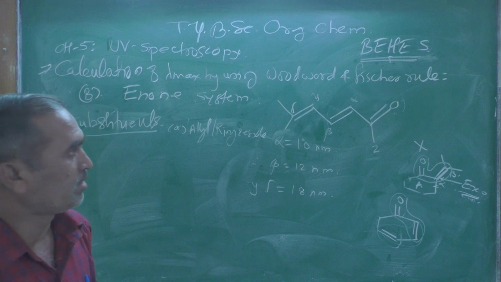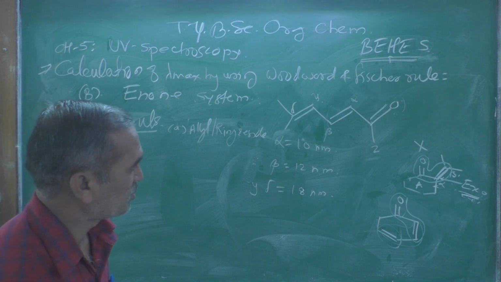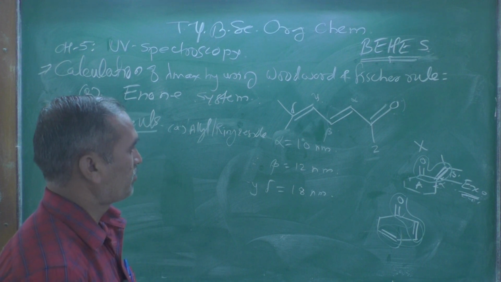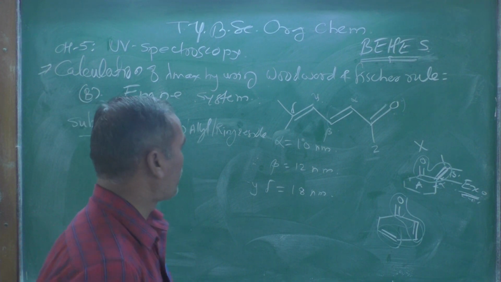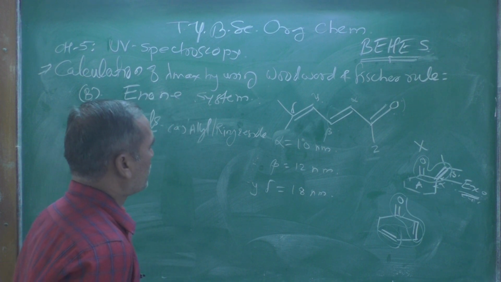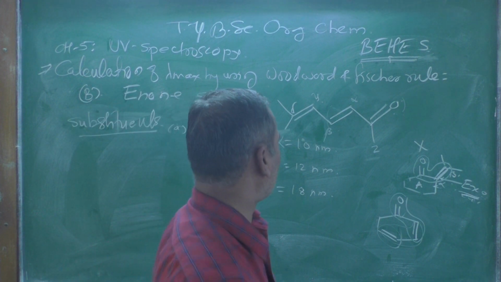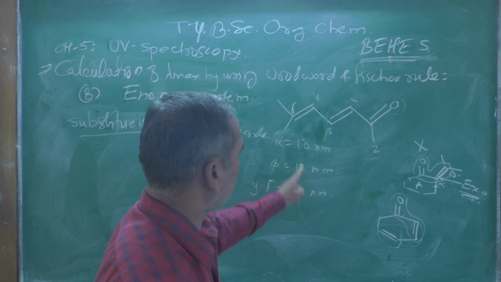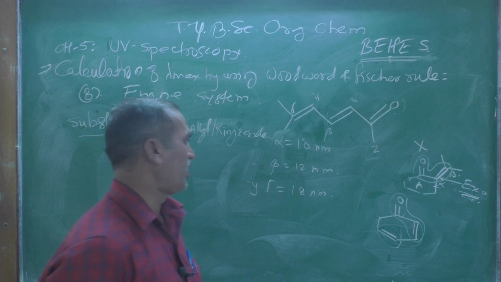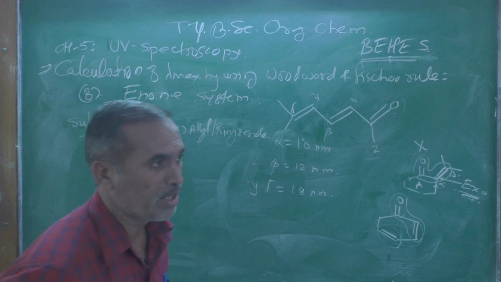If it is present at the beta position, you can add 12 nanometer. And if they are present at gamma and delta position, I am talking about alkyl or ring residue, these are the values: 10 nanometer, 12 nanometer and 18 nanometer.